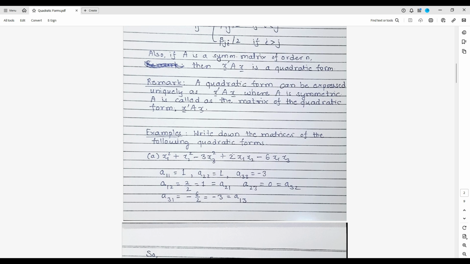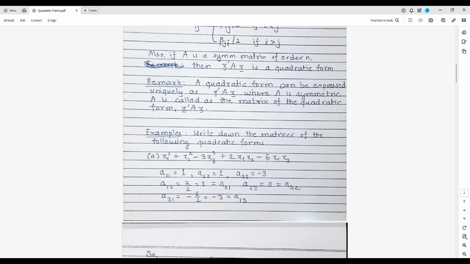Now the off diagonal elements are half times the coefficients of the product terms. So here, A12 will be half times the coefficient of x1 x2. So it will be 2 by 2 equal to 1, and since capital A is a symmetric matrix, A12 will be equal to A21. Similarly, the coefficient of x1 x3 is minus 6.